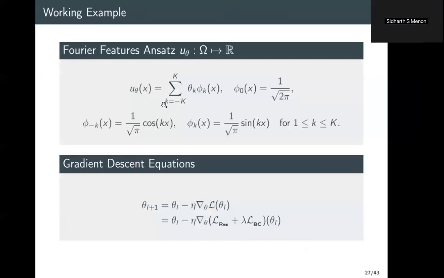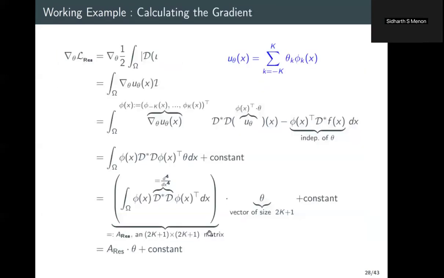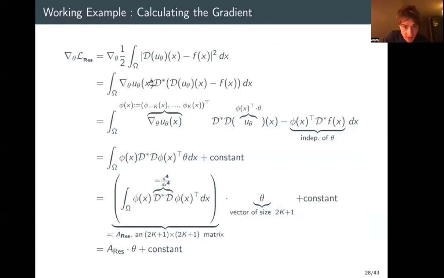And instead of minimizing this, you'd minimize the closeness to the solution. Then in exactly the same way you can write down the equations. The same equations are going to pop up, except that we're no longer going to have this D star D. It's just going to be like u minus f essentially, and so the D is going to be identity.